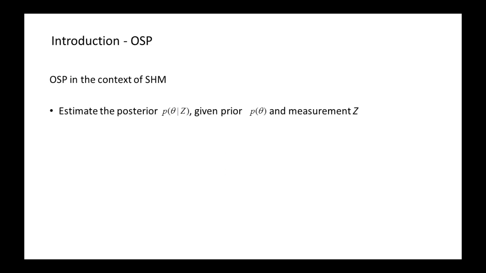So a typical health monitoring problem is to estimate the probability density of the target theta. Theta can be anything. It can be a damage indicator, it can be a random variable, a random parameter of the FE model, it can be anything, given the measurement Z. To estimate the damage, we need the measurement.